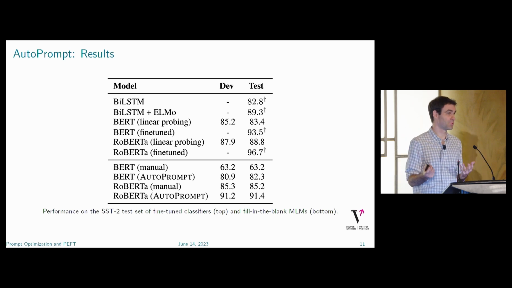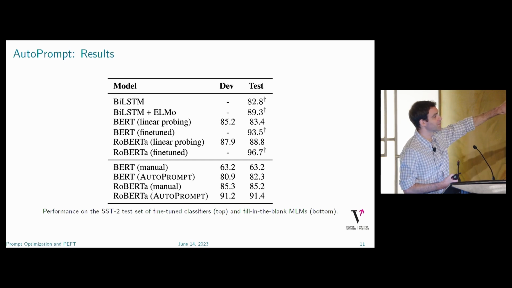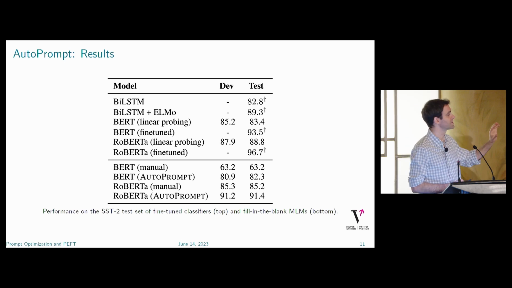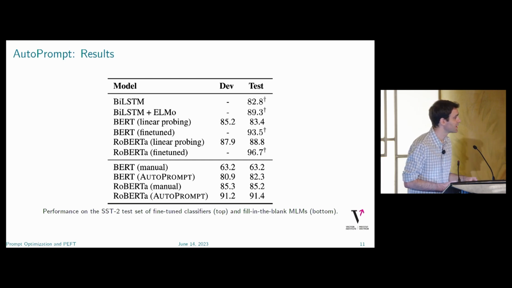So does this work? It's an interesting and very cool idea for me as a mathematician. The answer is yes. So on the top here, there are various ways of fine-tuning a model with a BERT and RoBERTa model. And on the bottom here, you have performance for BERT and RoBERTa with a manual prompt, meaning someone designed that prompt to try and get BERT or RoBERTa to perform the task that it cares about.